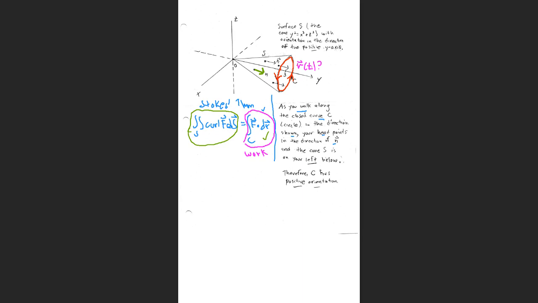So I'm not worried about using the fundamental theorem of line integrals. I'm not saying that vector field F is a conservative vector field. I would have to test it. It looks pretty messy, so I'm just going to proceed on here.